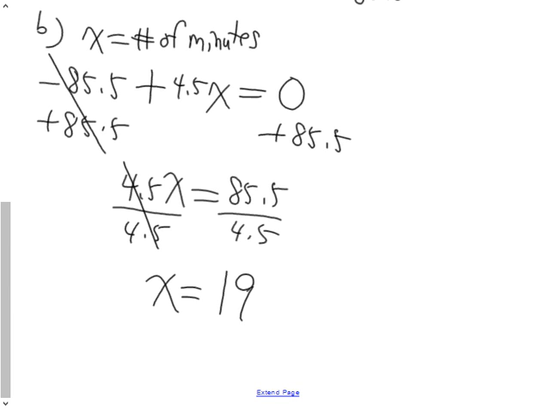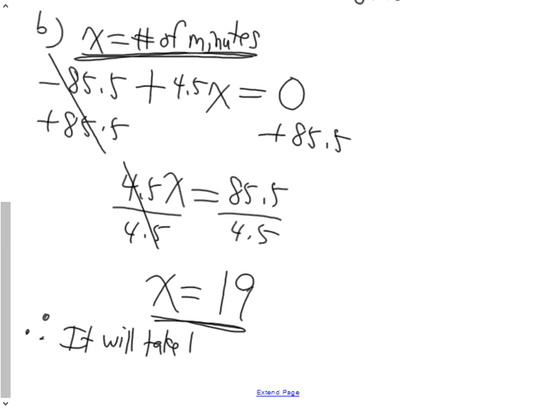You with me? And my last statement is, since X was defined as the number of minutes, therefore, it will take 19 minutes to reach the surface.